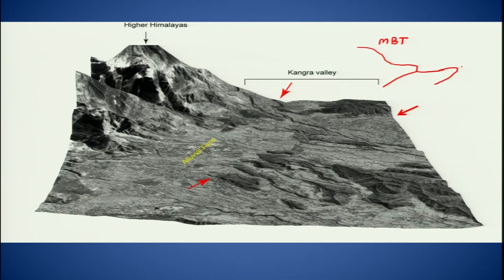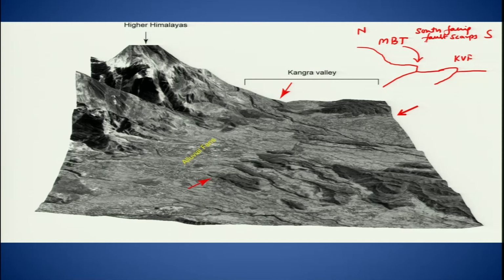Okay, so we will be able to see, for example, the Kangra Valley fault or any other fault which is cutting through this one, and this is your MBT. If we take this as north and this as south, then the topography we were able to pick up here was south facing fault scarps, but we were not able to see this everywhere.